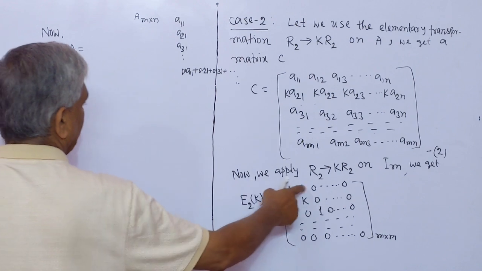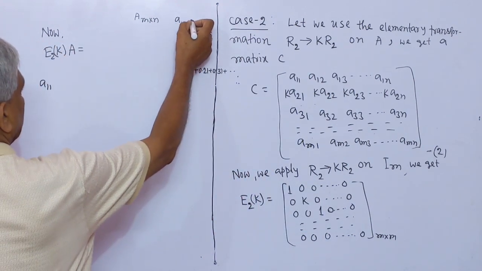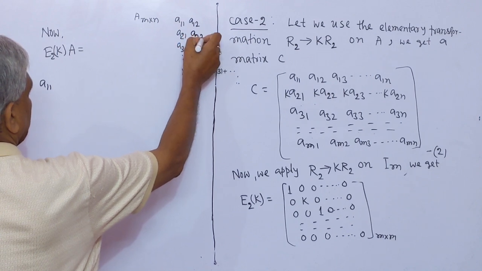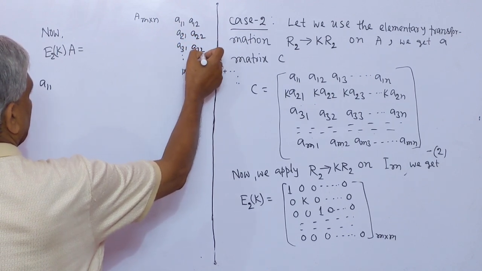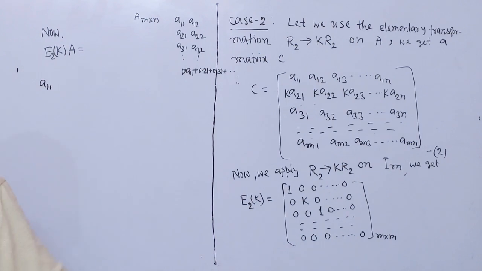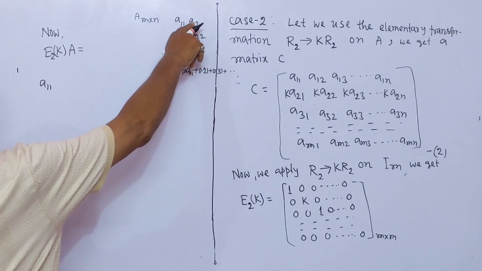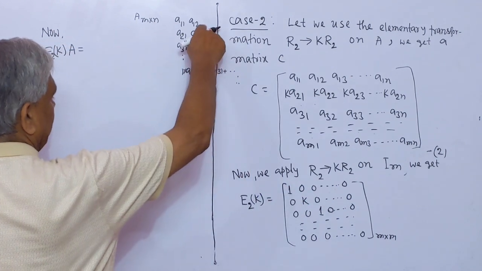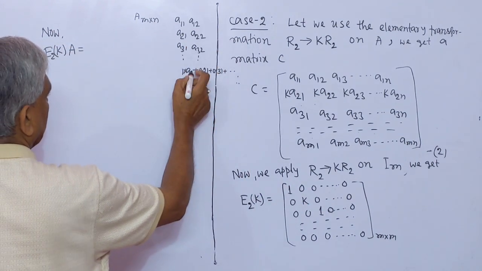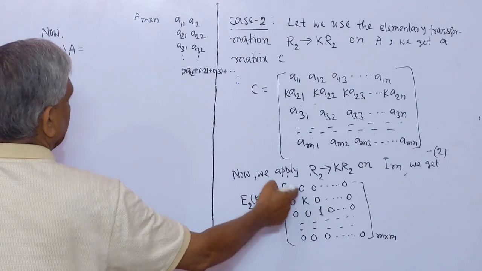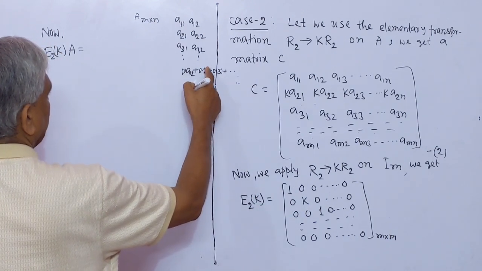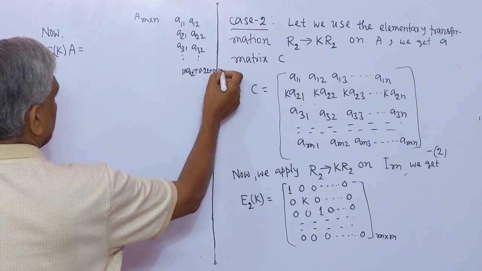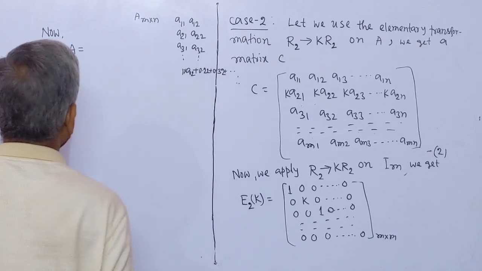Then first row, second column of A: A12, A22, A32, dot dot dot dot. Here, first row, 1 multiply A12 plus 0 multiply A22 plus 0 multiply A32. Here we get only A12.